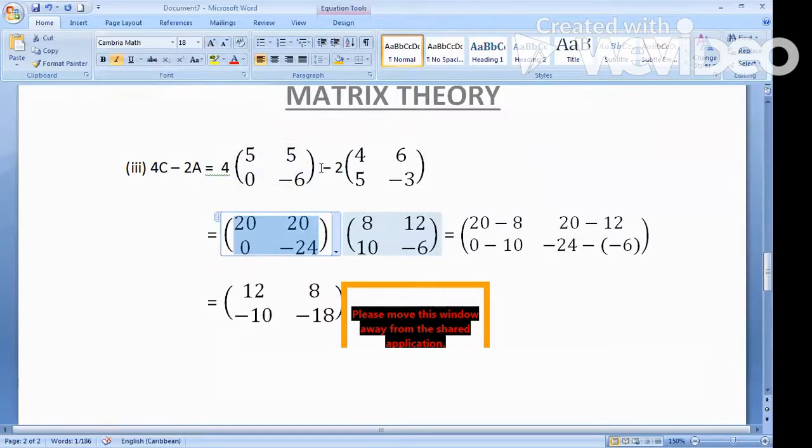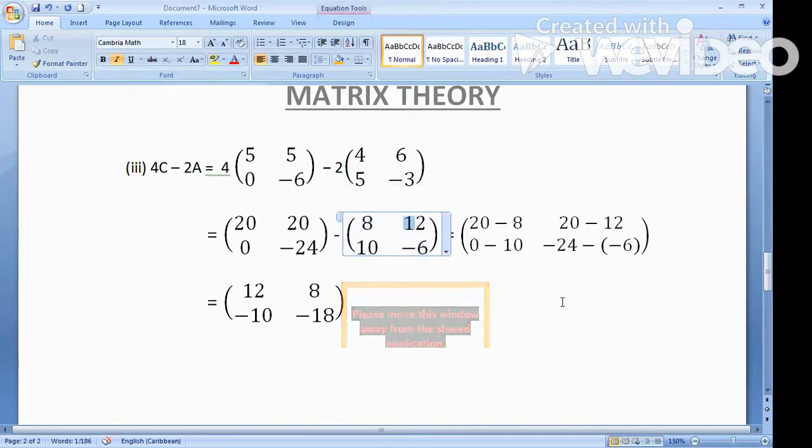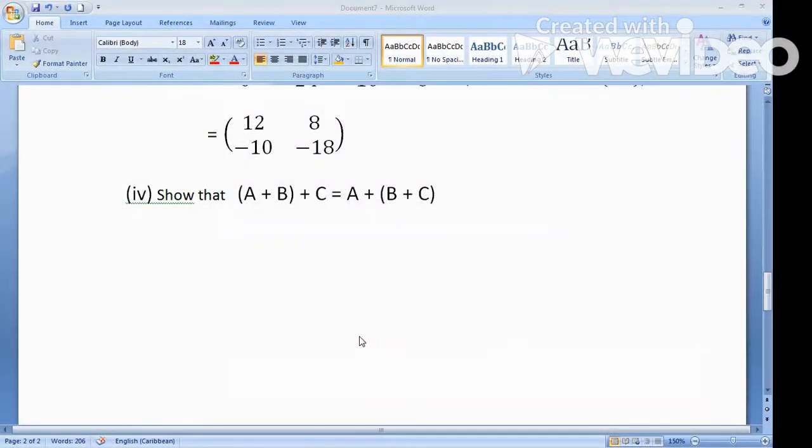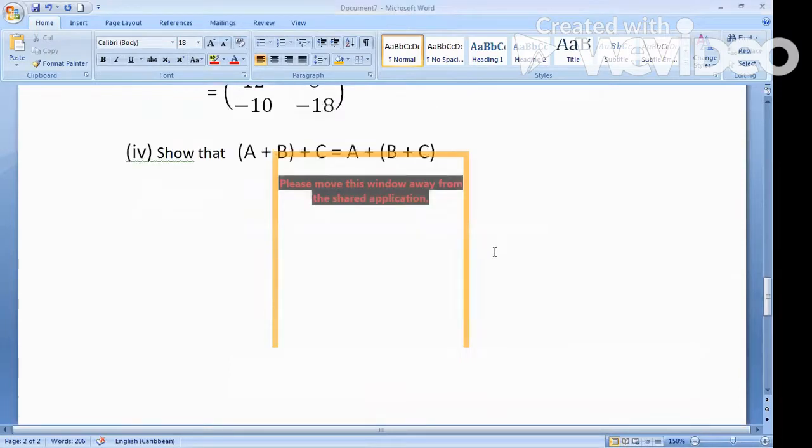So the 2A, not 2 times 2A, is 2 times 4 to give you 8. And 2 times 6 to give you 12. Okay. All right? Any more questions? All right. Now I want someone to tell me what you think 4 is talking about.